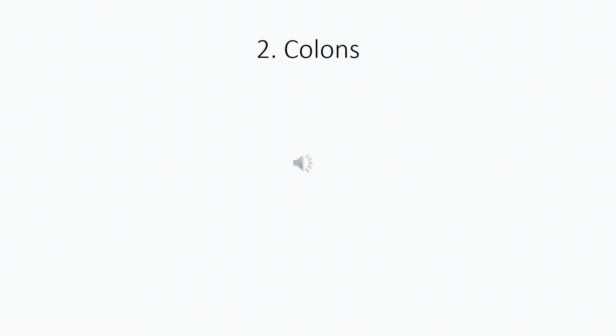To separate that, just before the speech or a quotation, we use a colon. For example, Hamlet: "To be or not to be, that's the question." That's in quotation marks you can see, and just before the quotation mark there is a colon. Clear? These are the three main usages of colons.